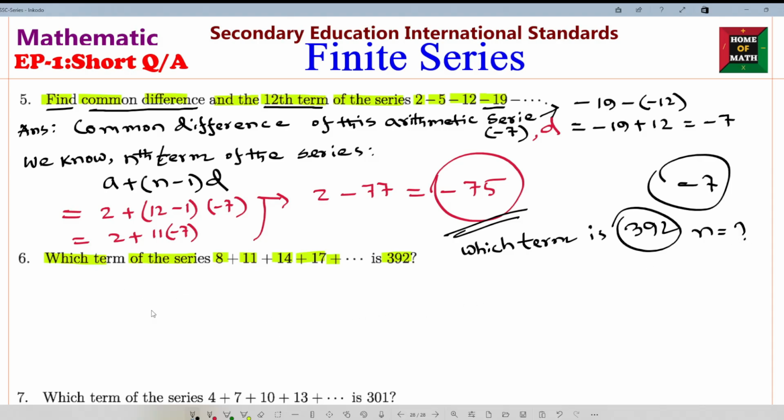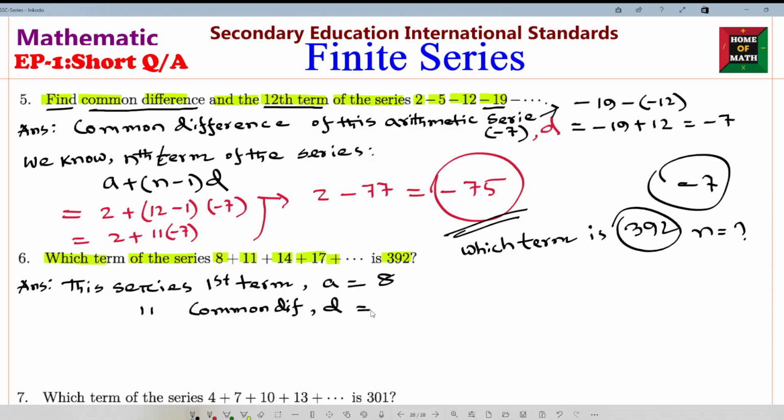So first, this series first term a equals to 8. This series common difference d equals to what? Suppose 11 minus 8 equals to 14 minus 11 equals to 17 minus 14.